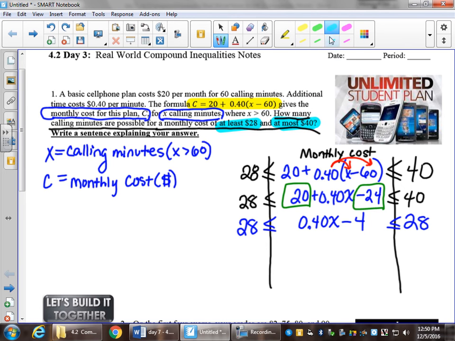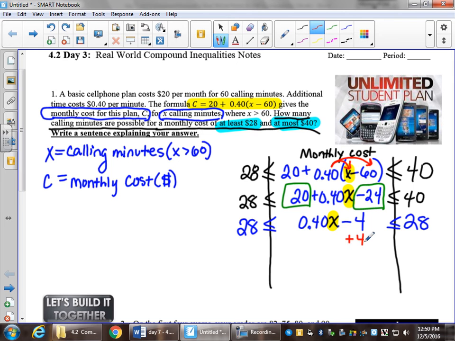Remember, from each step, we're still focusing in on trying to get x by itself. Here, x was locked in parentheses. I distributed, and before I did anything else, I saw that I can combine like terms. Our attention is always on the middle. In the middle, I ask myself, is there something in the middle that I could add or subtract? My attention is drawn to this minus 4.